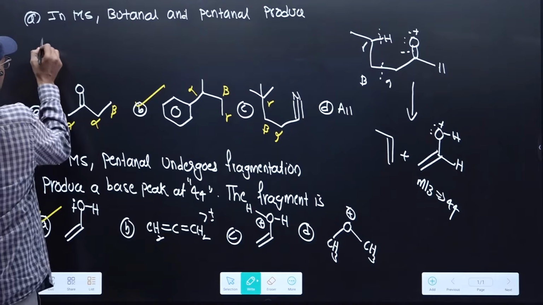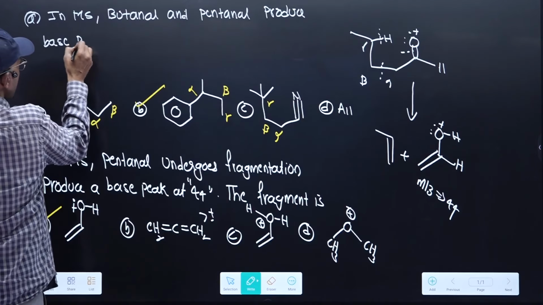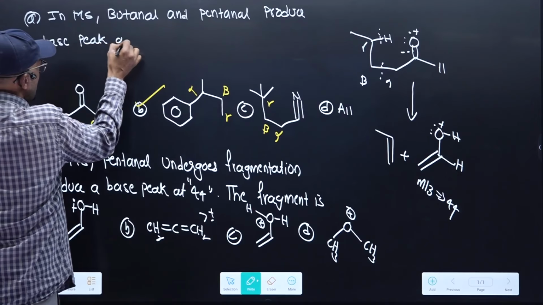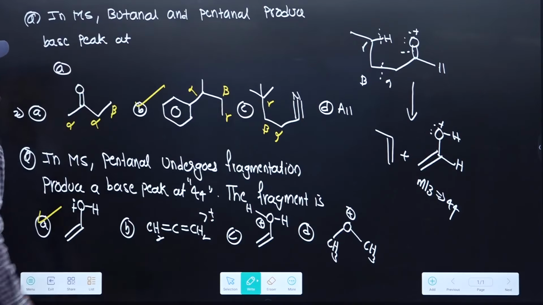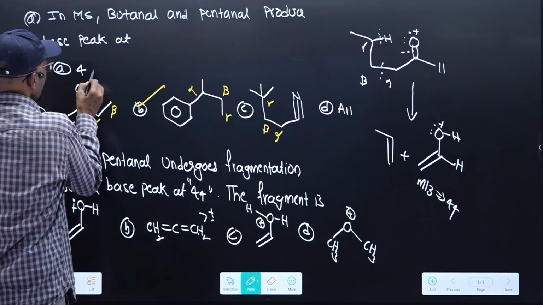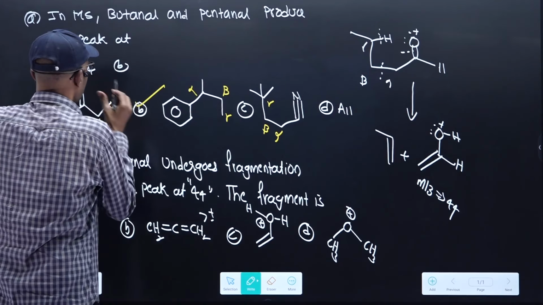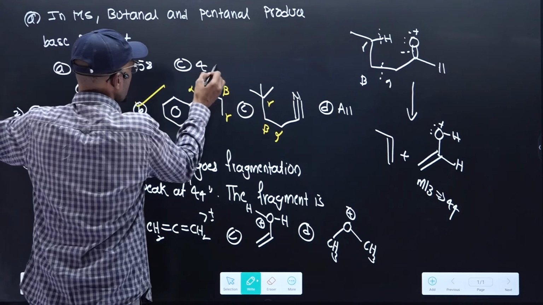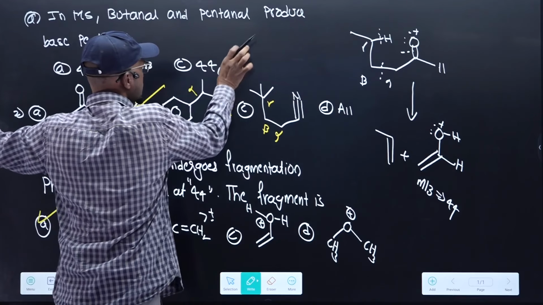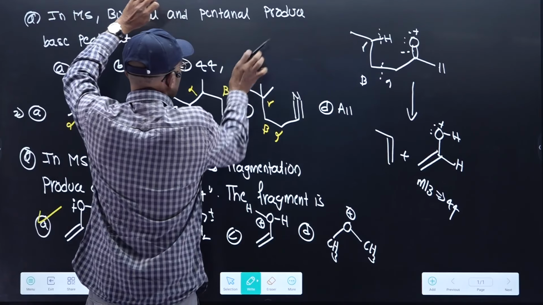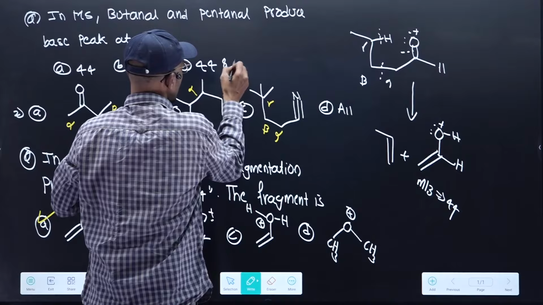Where will butanol and pentanol give the base peak? 44 or 58. 44 for butanol, pentanol is 58. 44 and 58.